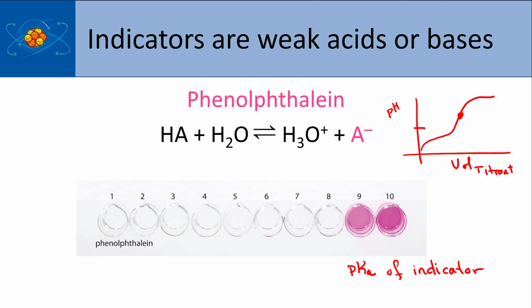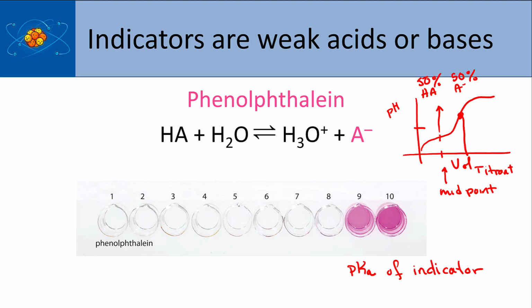It's because if you think about a titration curve, here's my equivalence point, and then I'll relate it back to phenolphthalein. When you're here, at the midpoint, you have an equal mixture of HA, that's 50%, and A minus, that's the other 50%.